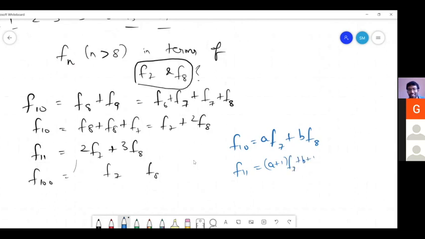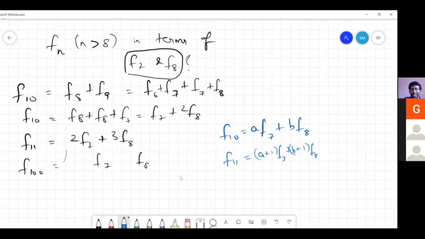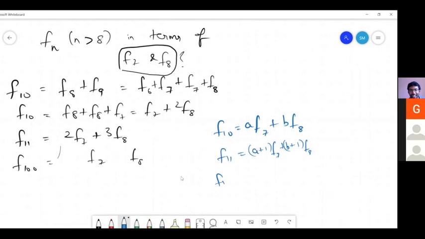It has some nice pattern. Then F12 should be (2A plus 1) F7 plus (2B plus 1) F8. It keeps on going. Then F13 would be (3A plus 2) F7 plus (3B plus 2) F8.